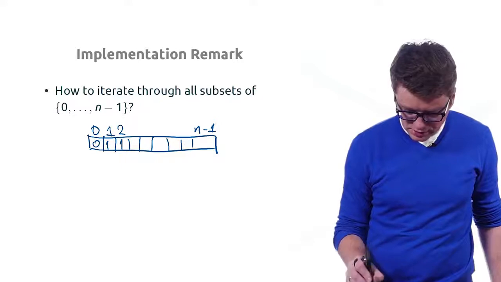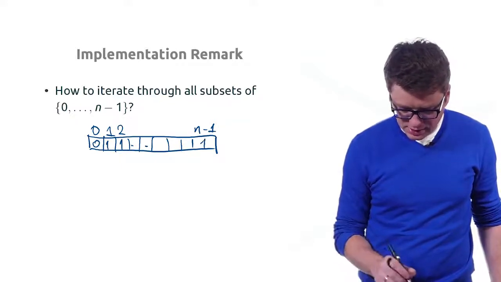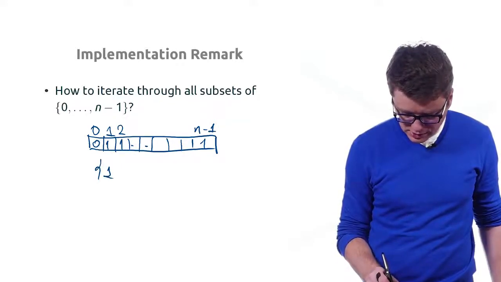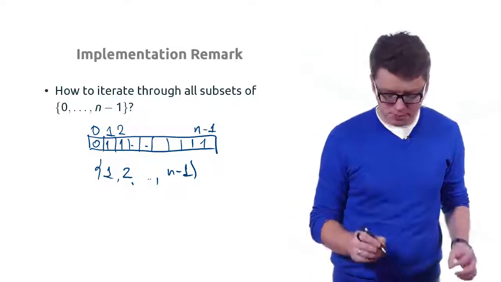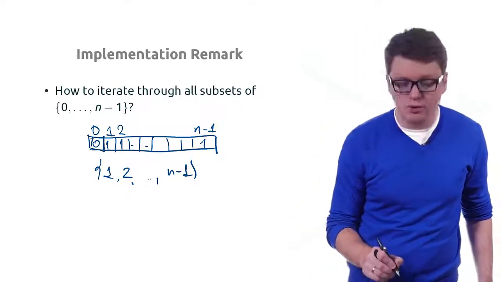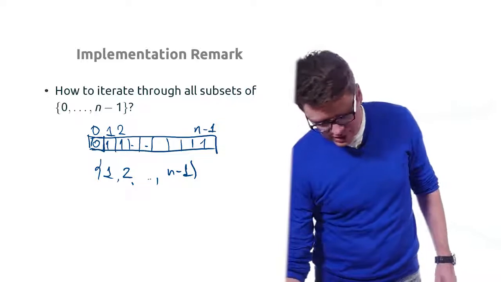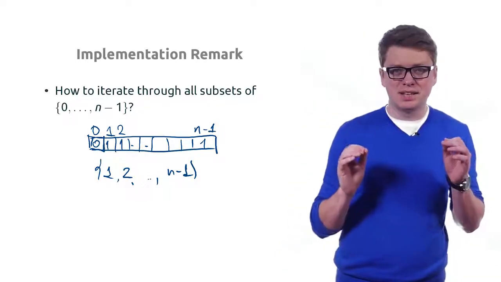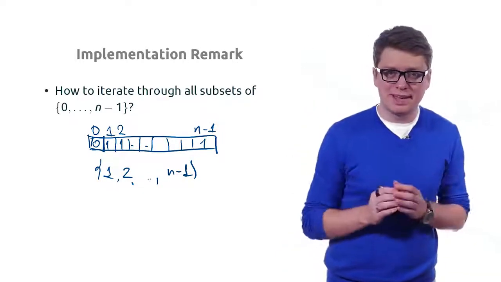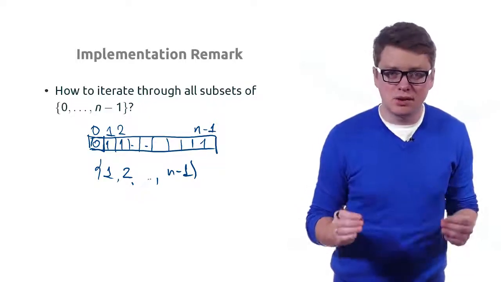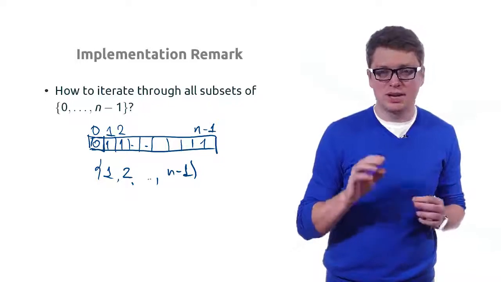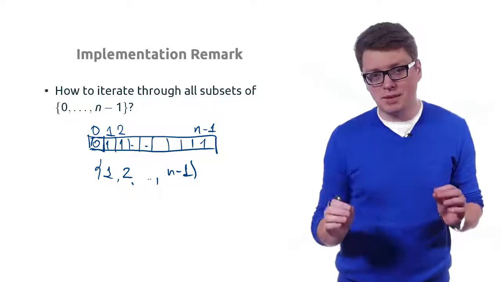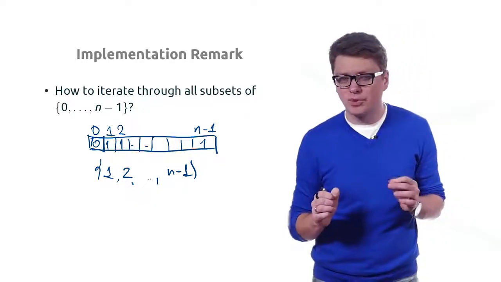So for example, an array like this contains elements 1, 2, and so on, probably n minus 1, but does not contain the element 0 because the corresponding cell here is equal to 0. So each cell indicates whether the corresponding element appears in our set or not. And since there are exactly two choices for each cell, either 0 or 1, the number of subsets is 2 to the n, right?